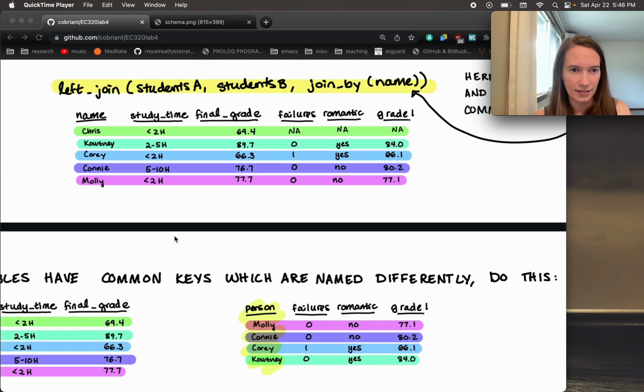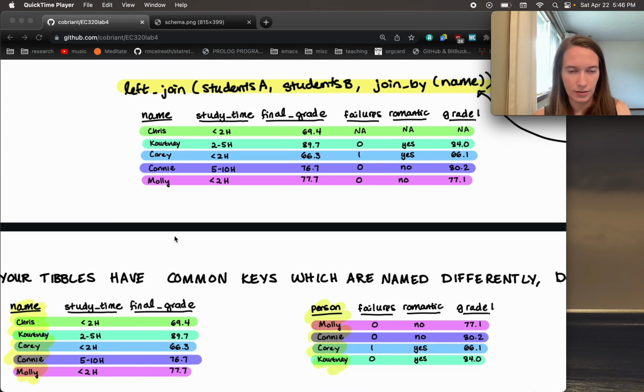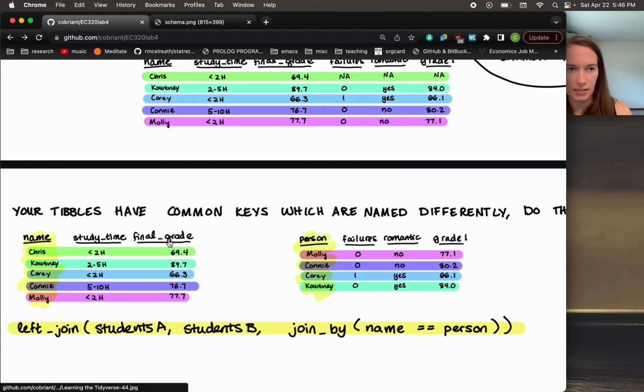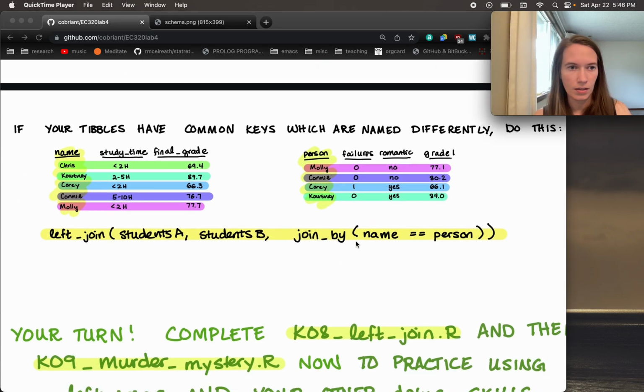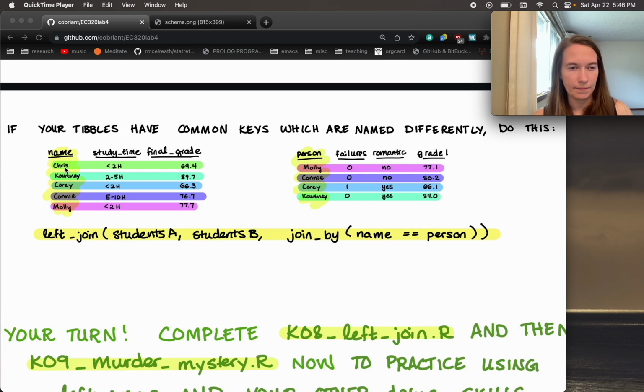And then, the cone will also have you do this, which is that sometimes the variables are not named the same thing. So if our first tibble has name, study time, and final grade, maybe the second tibble doesn't have a name column, but it has a person column.